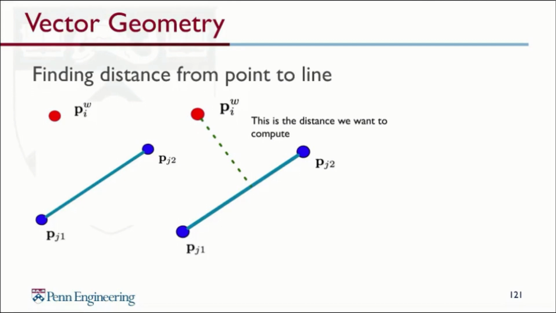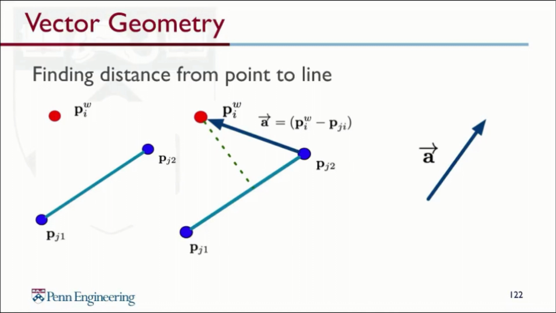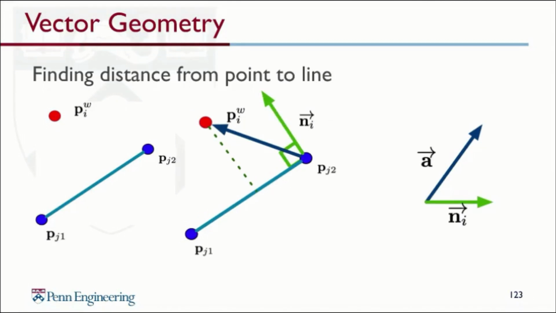And so in order to do this, we first define the vector a, which is the vector going between p j2, a point on the line segment, and p i w. Next, the normal vector n of i is the vector that is perpendicular to this particular line segment. And the angle between these two vectors is theta.